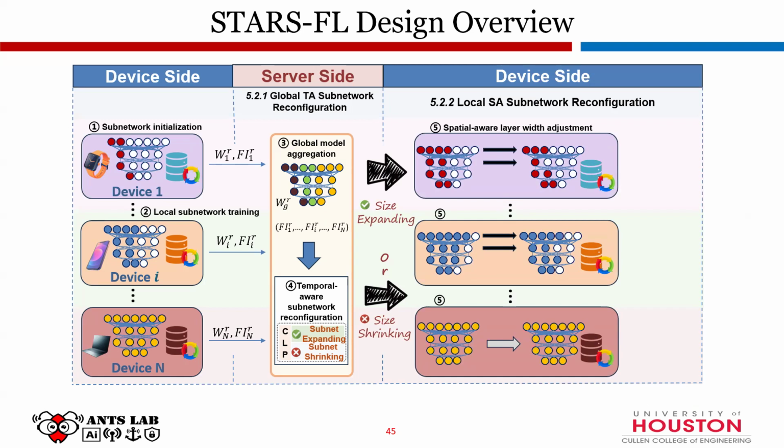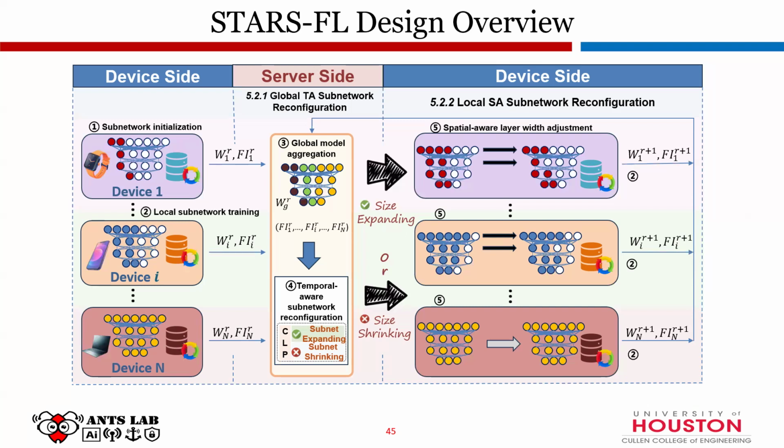The same goes for the blue device: the top layer is reduced from 5 to 4, and the second layer from 3 to 2. For the full model, we just leave it the same. After this, we do another round of local subnetwork training, and we also collect a new round of subnetworks and new Fisher information.